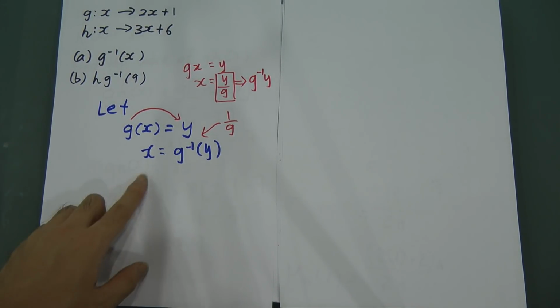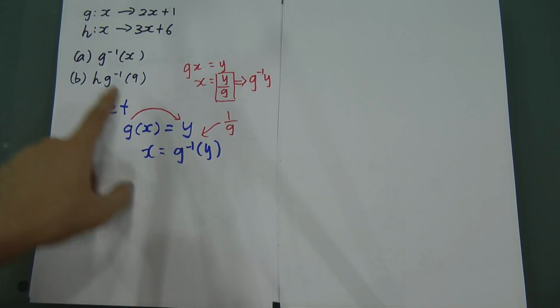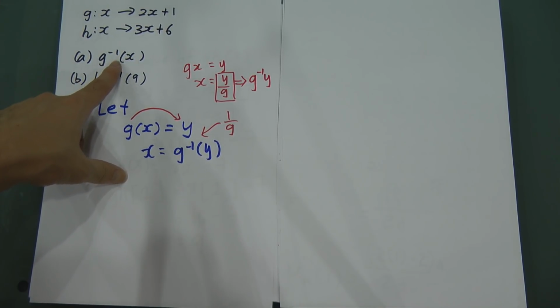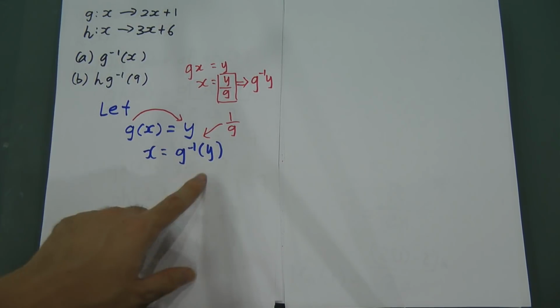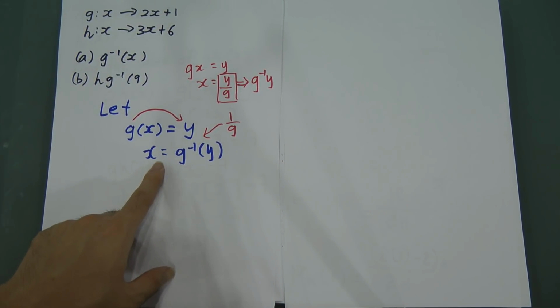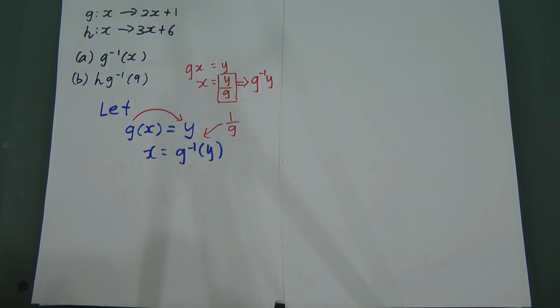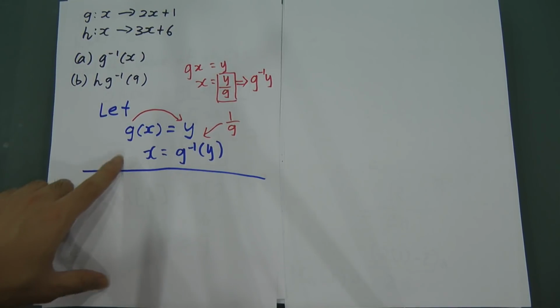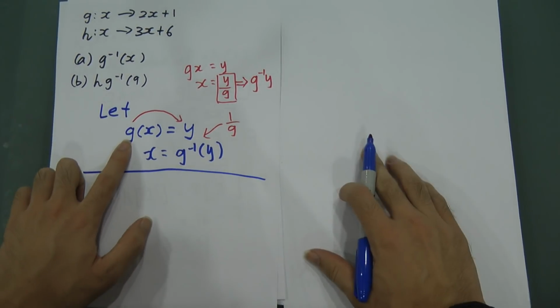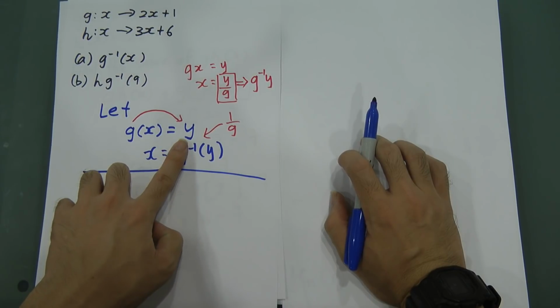Okay, so x will equal to g inverse y. So in order to get g inverse y, you have to get the x first, then only you can get g inverse y, because this x is equal to g inverse y. Okay, if this one is done, then we start from here. So g(x) is equal to y.